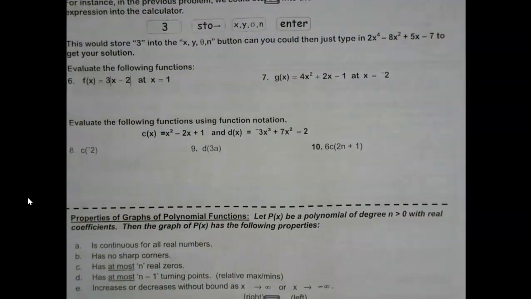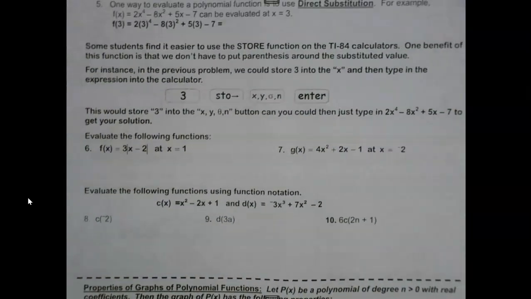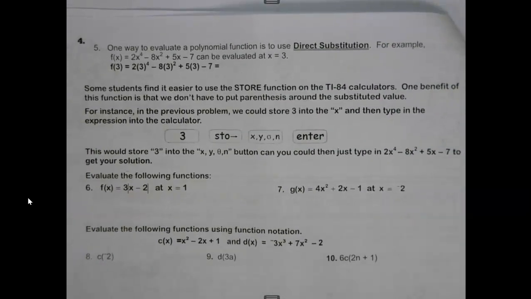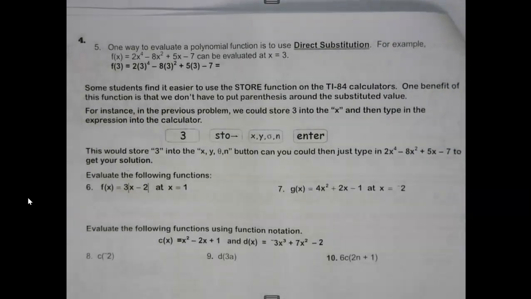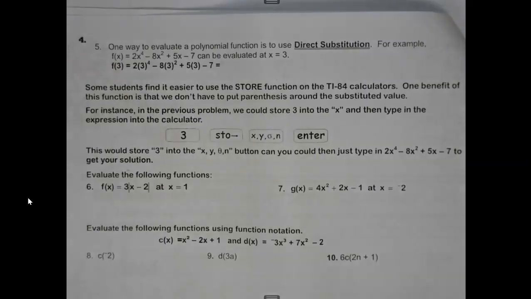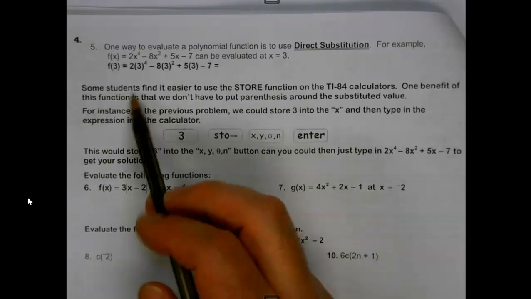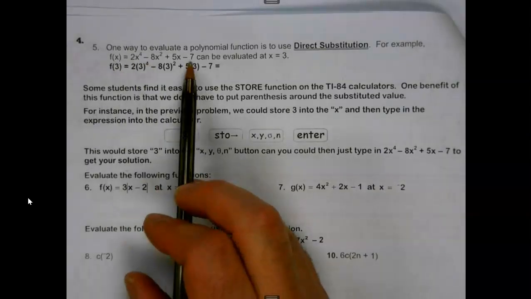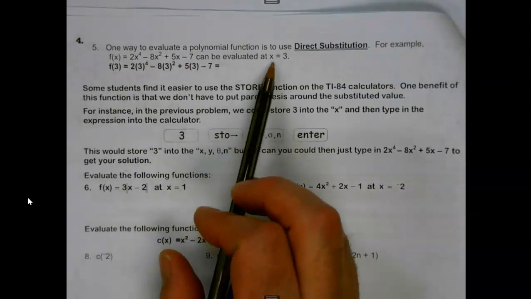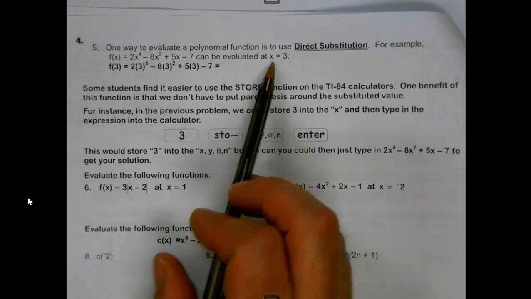Okay. So when we actually get into doing something with these, instead of just using words, okay, evaluating a polynomial function. Direct substitution. We love direct substitution because it takes us back to our Algebra 1 days. F of x equals this big old polynomial. Can be evaluated at x equals 3.